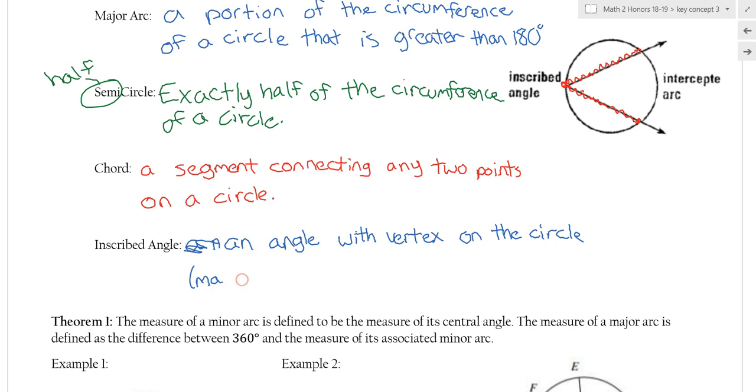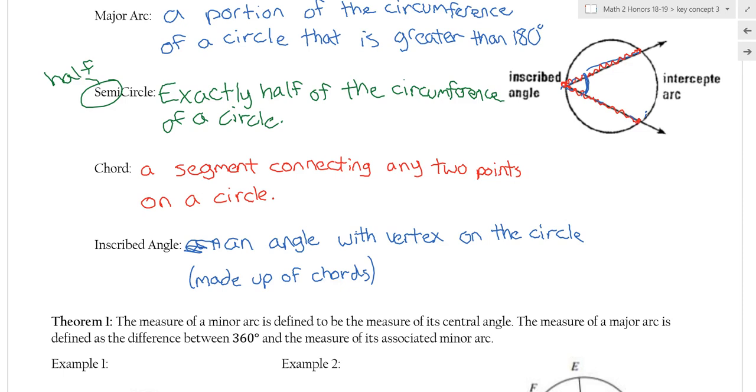It is made up of chords. So if you have 2 chords, right? Here's a chord, here's my chord. Between them is your angle. And then again, this minor arc we'll often also call our intersected arc. It gets cut by those 2 lines.